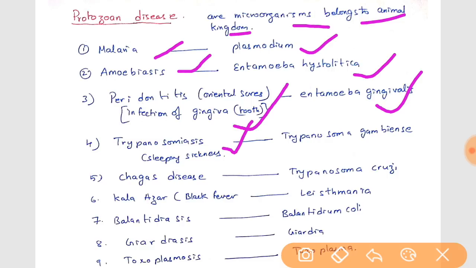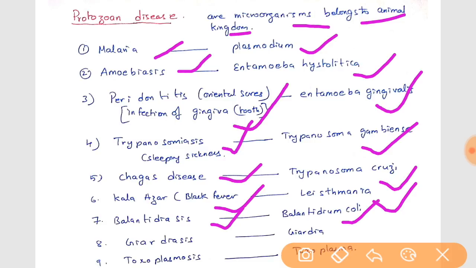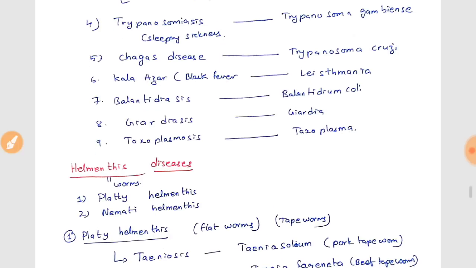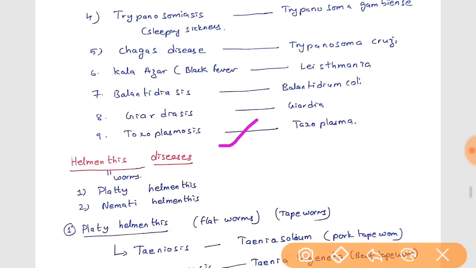Trypanosomiasis is caused by Trypanosoma gambiense. Chagas disease is caused by Trypanosoma cruzi. Kala-azar or black fever is caused by Leishmania. Balantidiasis is caused by Balantidium coli. Giardiasis is caused by Giardia. Toxoplasmosis is caused by Toxoplasma. So these are protozoan diseases.